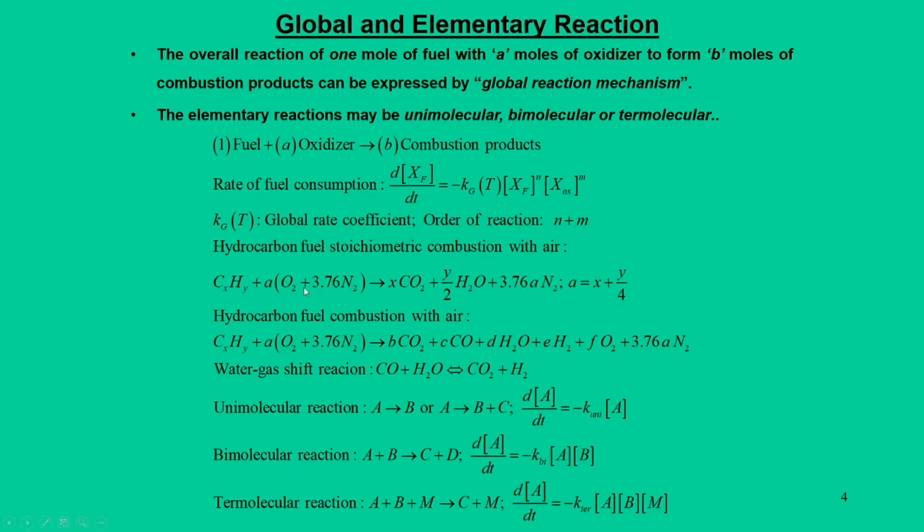And in particular, when you look at hydrocarbon fuel combustion with air, we will have two cases. One is stoichiometric cases, where CO2 formation and H2O formation is quite natural, but when we deal with the non-stoichiometric situations, either the fuel can be rich or lean.